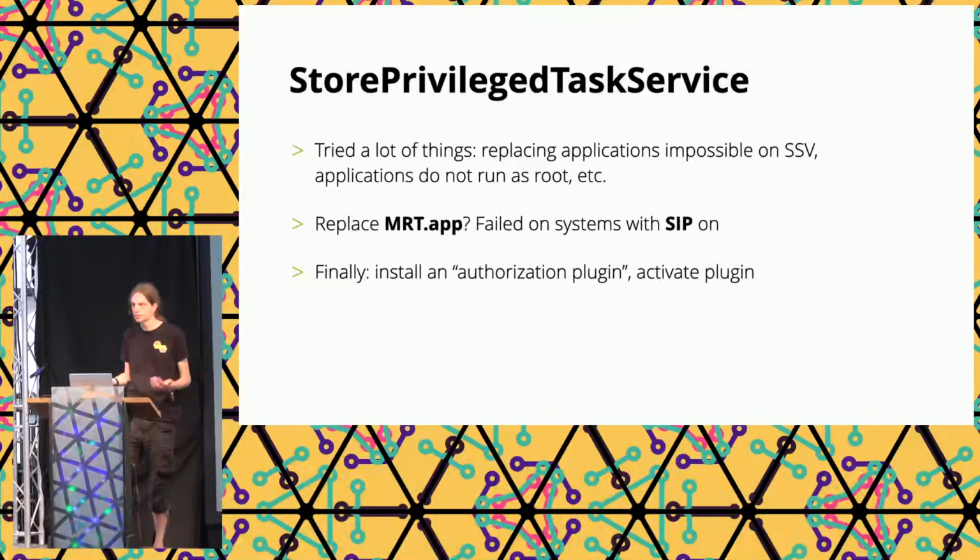And then it turned out that in the virtual machine I was using, I had turned off SIP to debug something, and it wouldn't work on a system with SIP on, so I had to start looking again. But then finally, after a while, I found that I could create a new authorization plugin and then auto-activate that, and that would give me root privileges.